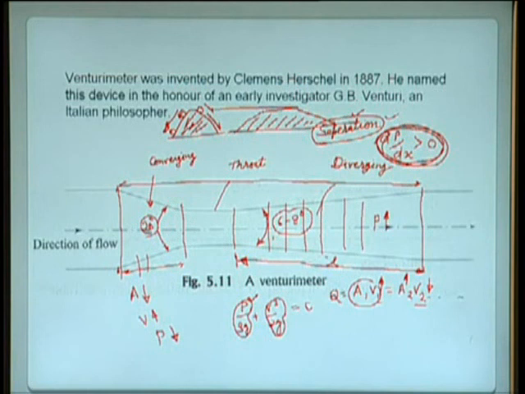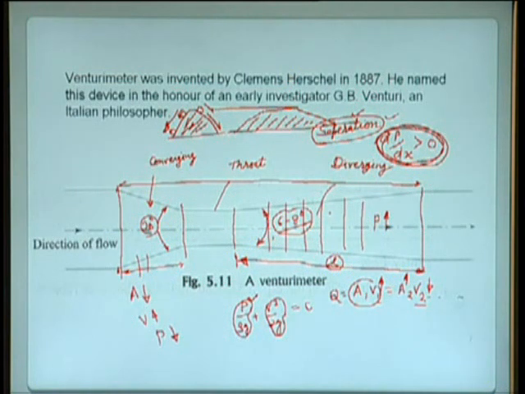So if you decrease this angle by 1 degree, or 0.1 degree, the length will keep increasing, and this device will start consuming more and more energy due to frictional loss. That's why there is an optimization: we keep it at 6 to 8 degrees to avoid separation, and at the same time not increase the frictional loss due to the length of the pipe.